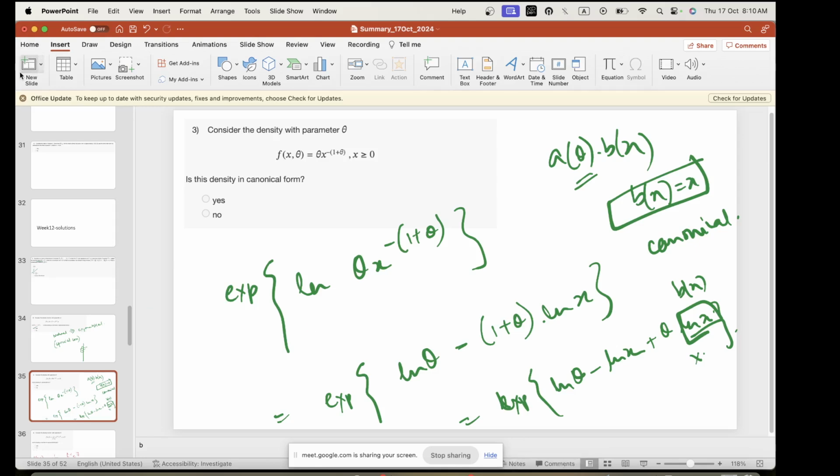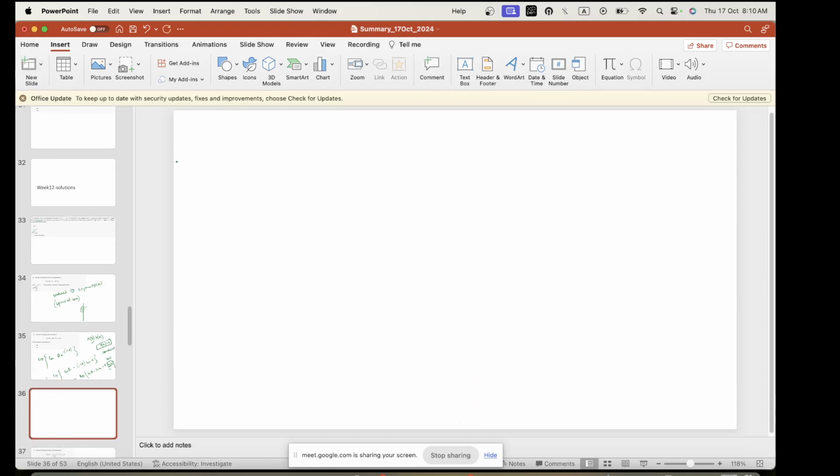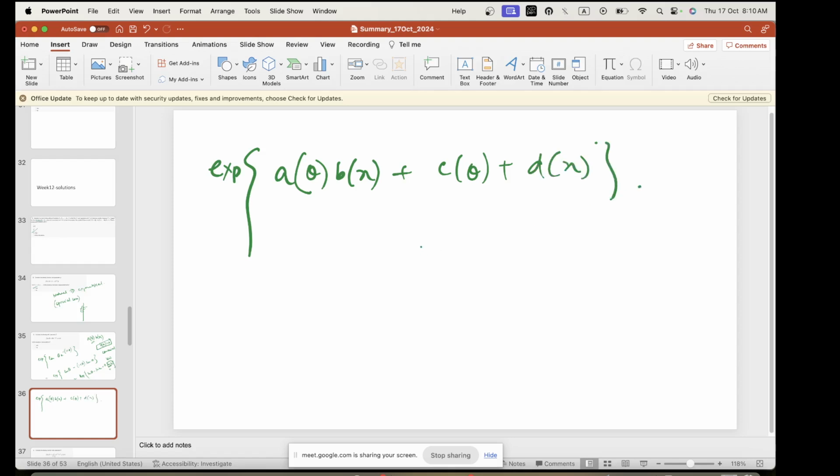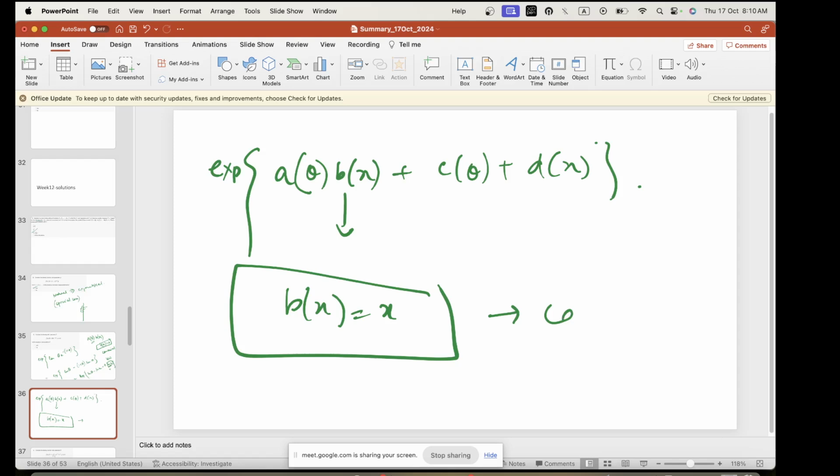If we have it like this, exponential of a theta bx plus c theta plus dx, then bx equal to x would mean that it's in its canonical form.